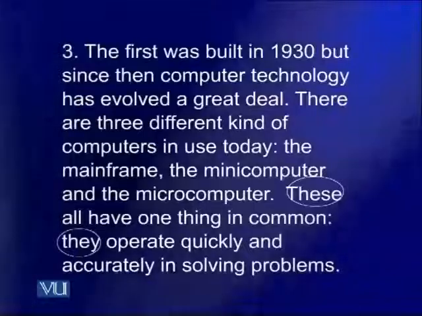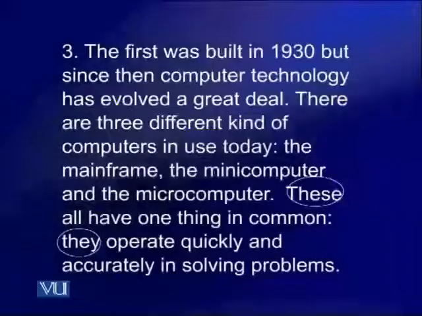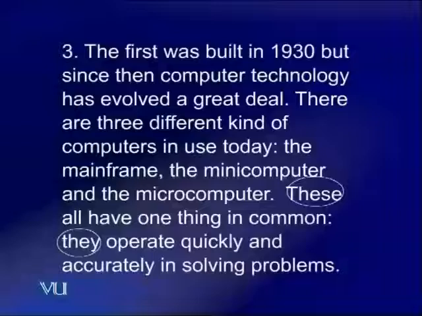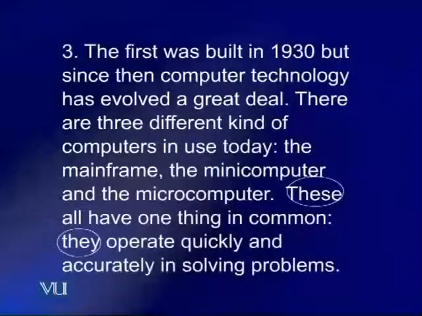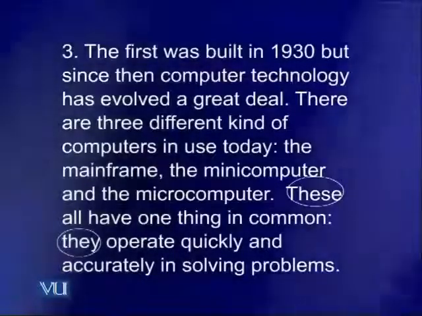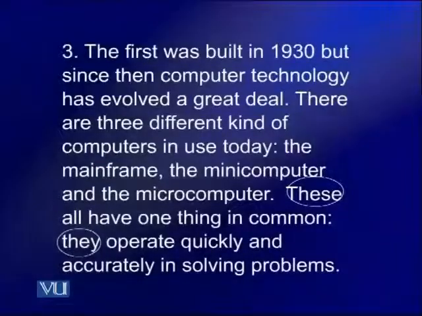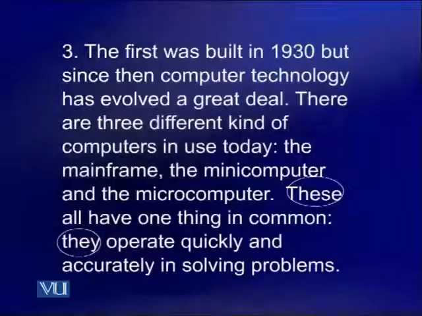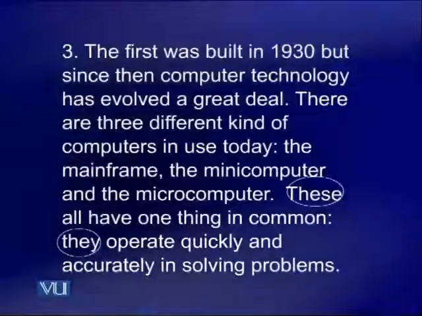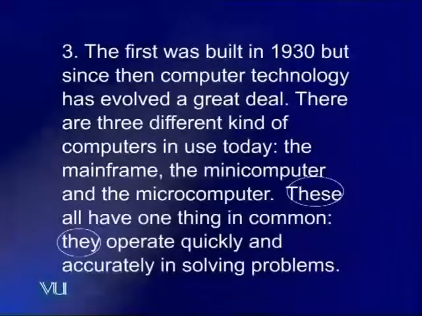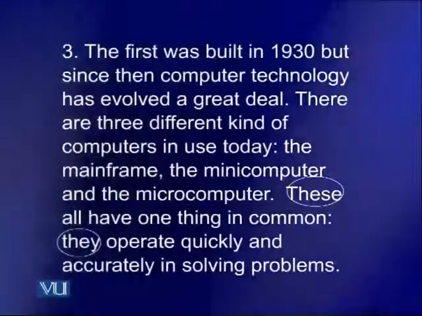What does these refer to? These is talking about the mainframe, the mini-computer, and the microcomputer. They operate quickly and accurately in solving problems. What does they refer to? Again, they refers to the same phrase, the mainframe, the mini-computer, and the microcomputer.